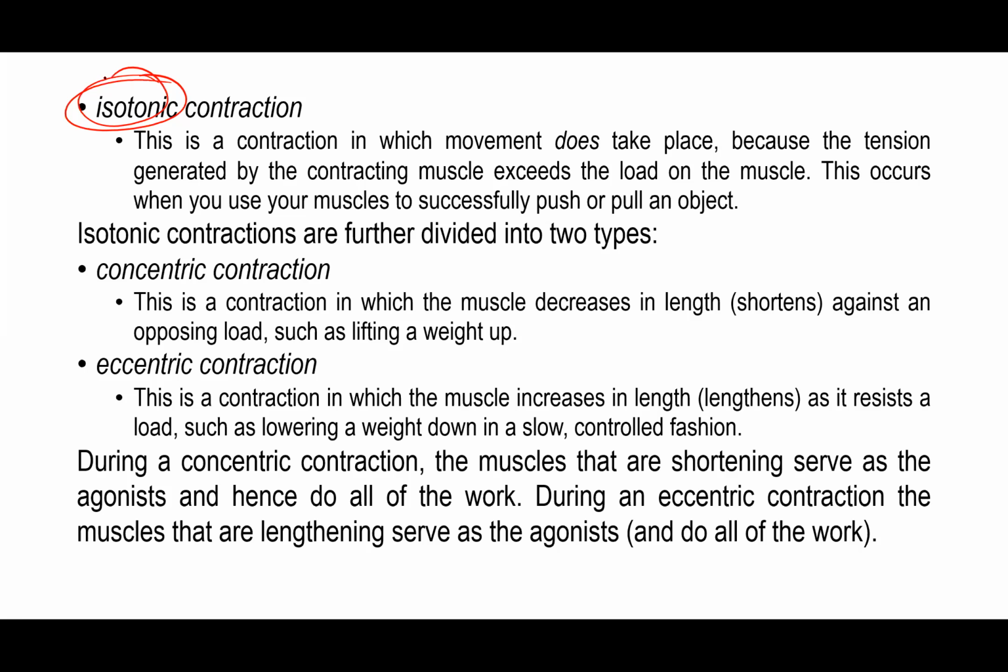So very simply put, isotonic contraction, the muscle is moving. Then we divide that into a concentric contraction where the muscle is shortening in its length. So this is where the muscle gets shorter.